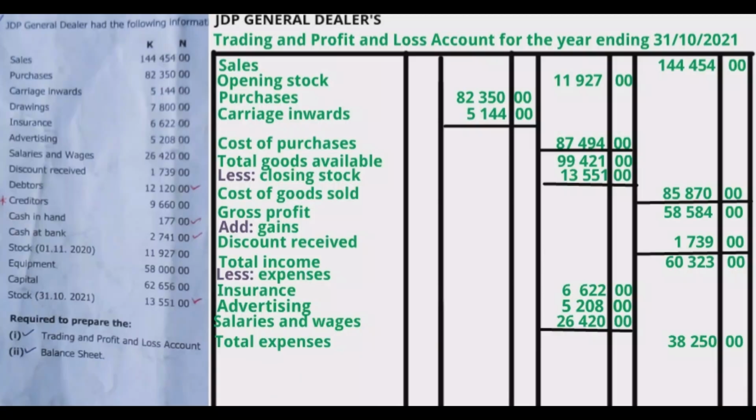6,622 plus 5,208 plus 26,420 gives us 38,250 kwacha.